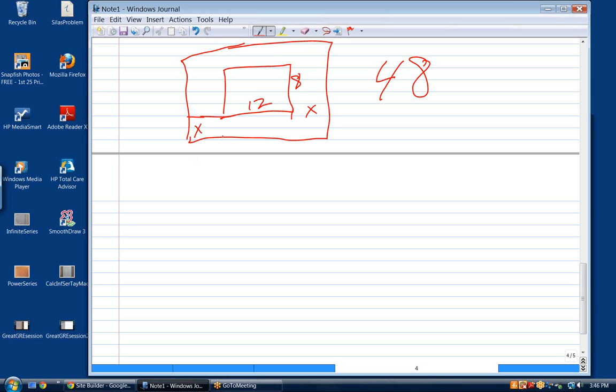So how would I figure out the area of the shaded region? Remember, shaded region problems are always subtraction problems. So the area of the outside rectangle minus the area of the inside rectangle.